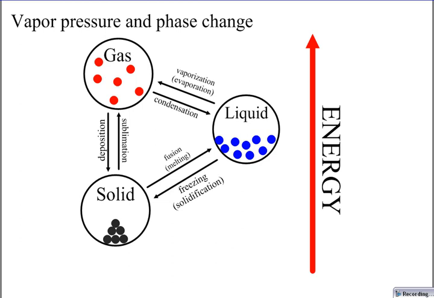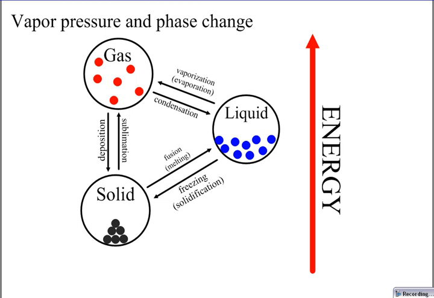The amount of energy necessary to vaporize or condense or solidify or melt 1 mole of a solid, liquid, or gas at 1 atmosphere is known as the enthalpy of, and then whatever the phase change is.